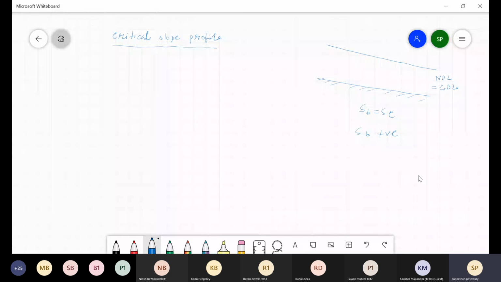Let's confirm. So if your y is greater than yn, which is equal to yc. Why? Because yn and yc are the same in case of critical slope.